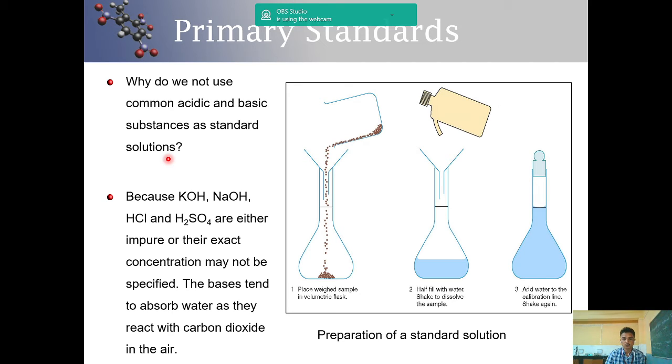Okay, so this is the exact method, and the answer to this question is that KOH, NaOH, HCl and H2SO4 are either in impure form or their exact concentrations may not be specified.